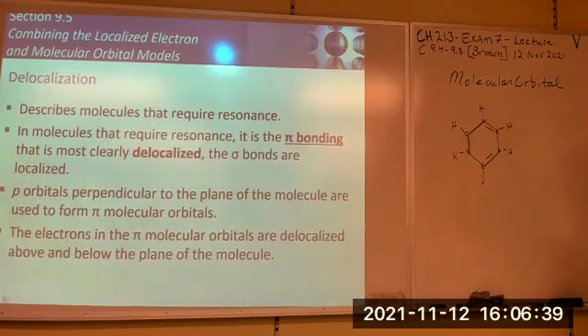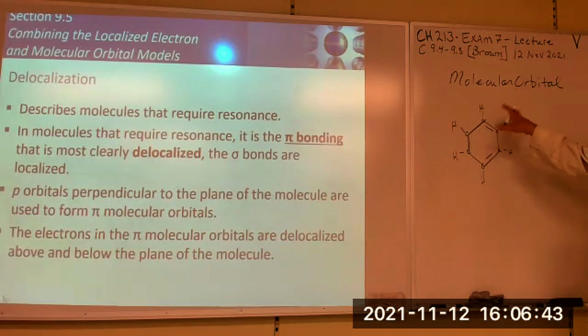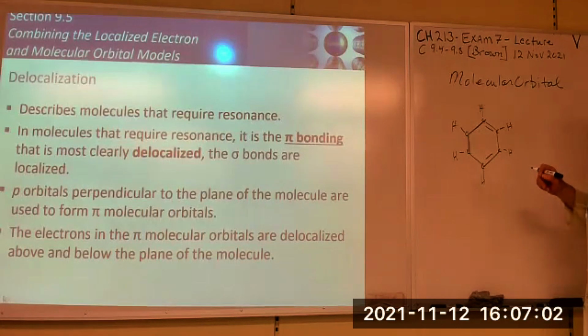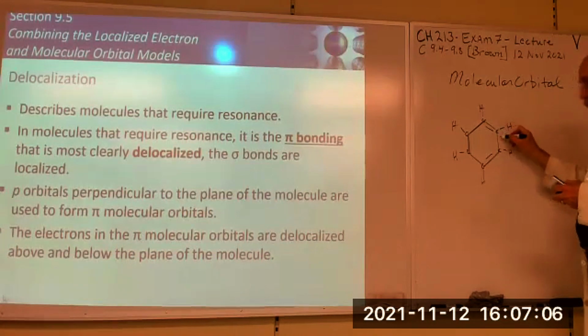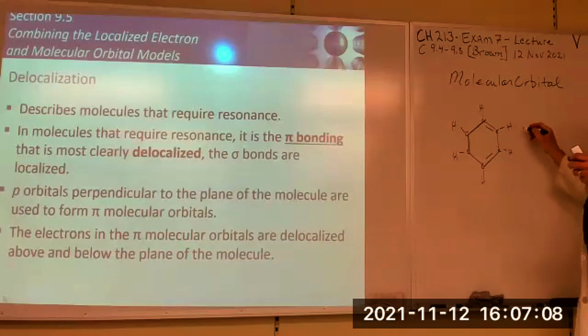So the molecular orbital model, which would be pretty complex for this molecule, would give us a structure that delocalizes the electron over the entire molecule. And one way of visualizing it also incorporates hybridization. Right? So around each one of these, you got 1, 2, 3, right? So that's sp2.